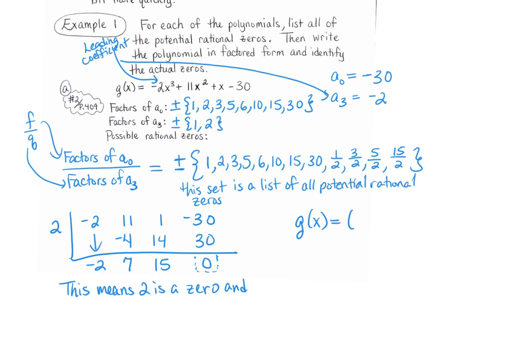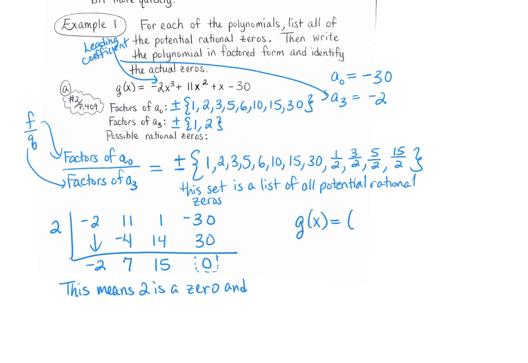If 2 is a 0, what is a factor? X plus what? Oh, it's negative 2, right? I'm looking at 6.2. You just said 2 was a 0 here. So that means what is a factor? X minus 2.